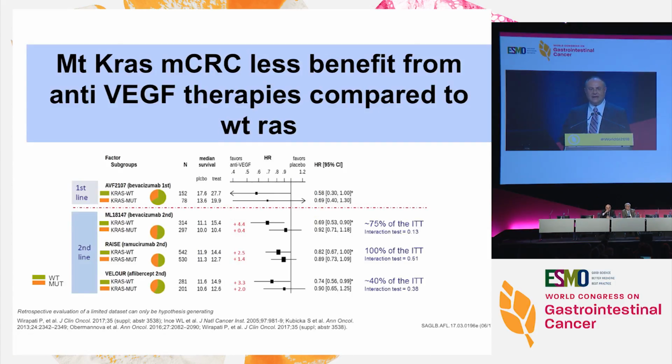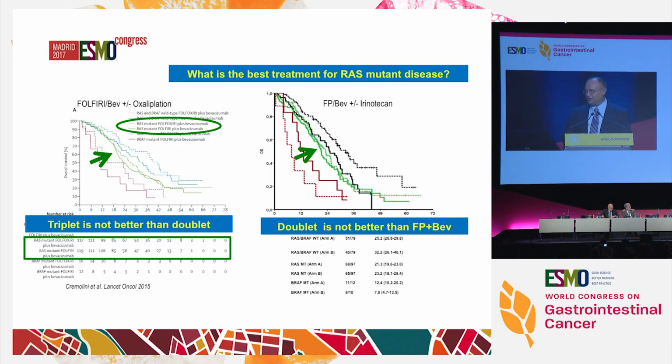When we look at other anti-VEGF, if this is BEV or RAMI or aflibercept, all have not shown significant activity in mutant RAS. So is anti-VEGF really our good default? I think we need to be really careful in the future. Does chemotherapy make a difference? Well, this data was already shown, but here I'm focusing on the green lines on mutant.